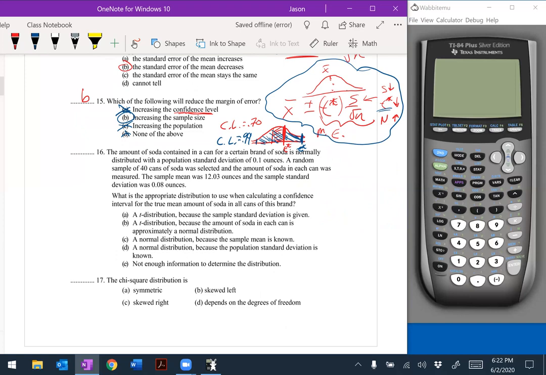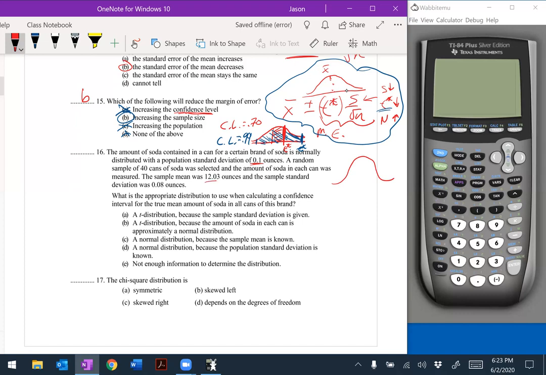Okay, number 16. The amount of soda contained in a can for a certain brand of soda is normally distributed with a population standard deviation of 0.1 ounces. A random sample of 40 cans was selected, and the amount of soda in each can was measured.